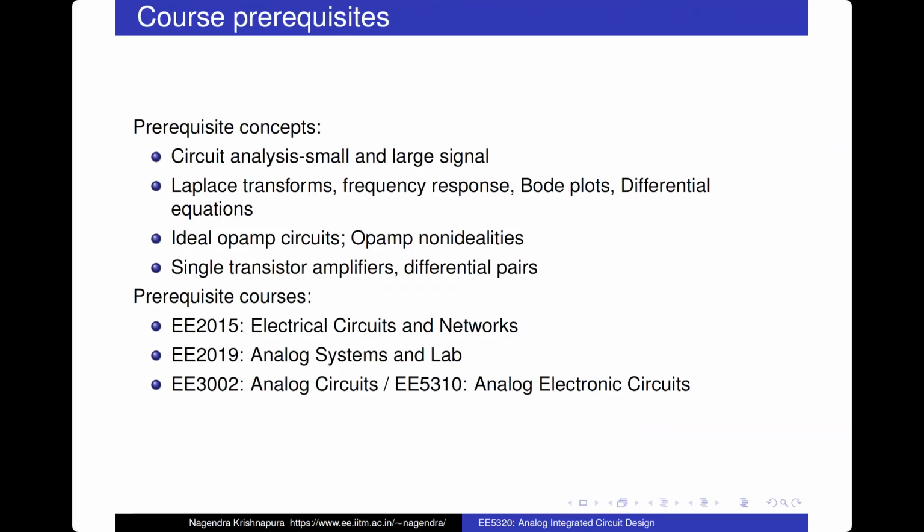And you should also know something about single transistor amplifiers, all the basic single transistor amplifiers and differential pairs. We'll take those as starting point and go from there. Okay. And of course, in terms of prerequisite courses, whoever did their bachelor's here would have gone through these. Otherwise, you would have gone through these in some other place. So this is basically what you need to know.